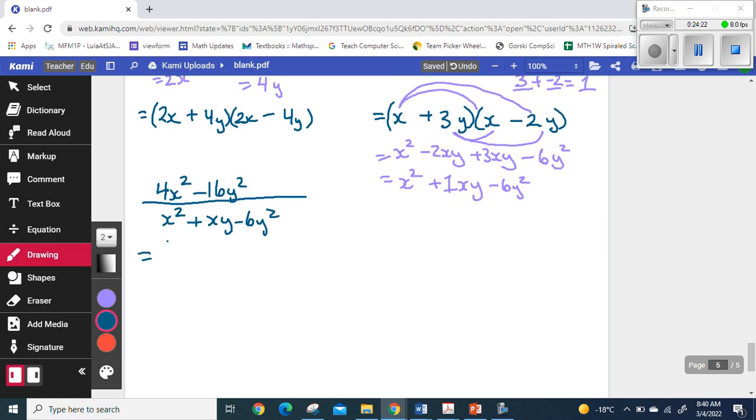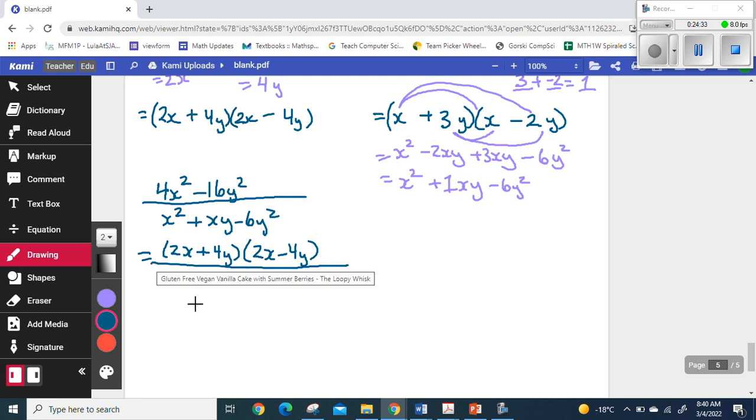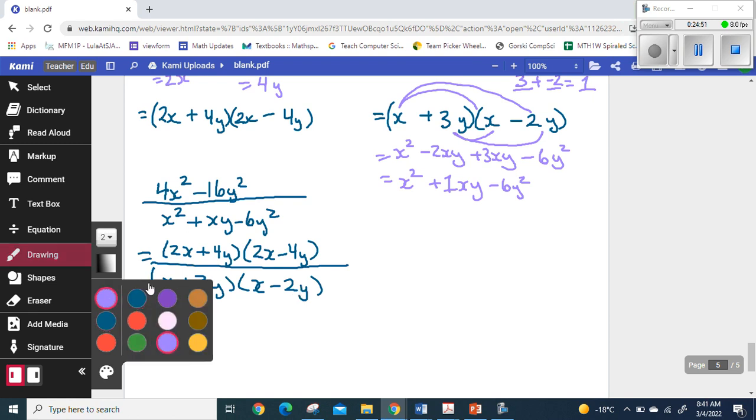I've got a 2x plus 4y up top, and I've got a 2x minus 4y, all divided by x plus 3y and x minus 2y. Okay, let's factor. Let's see, 2x plus 4. Oh, I don't have any down there. 2x, I don't have any down there. Well, I can't factor.